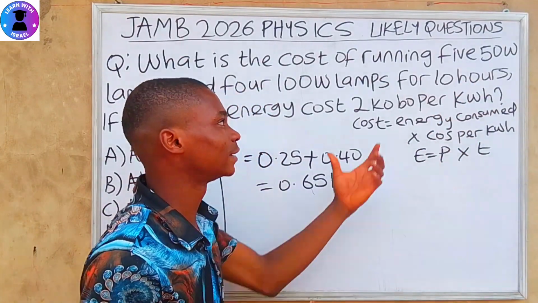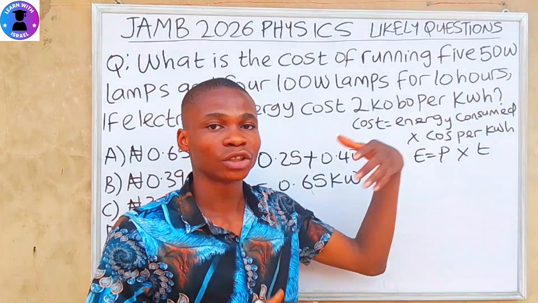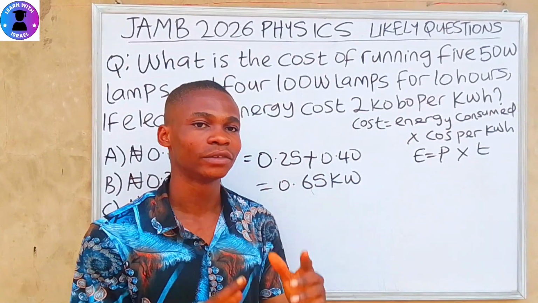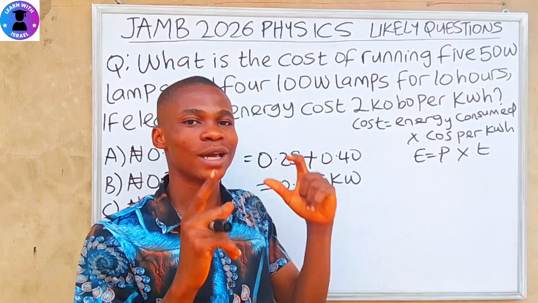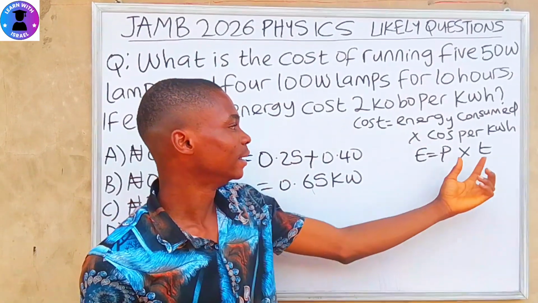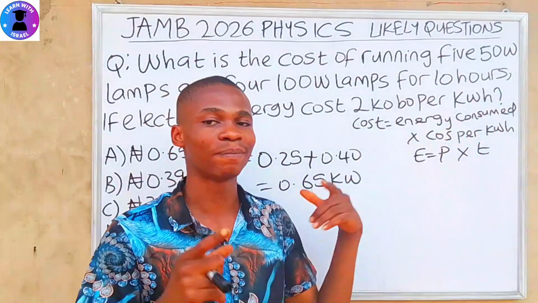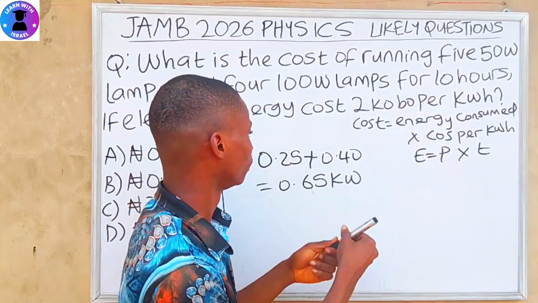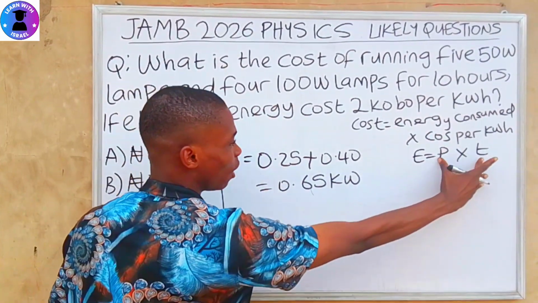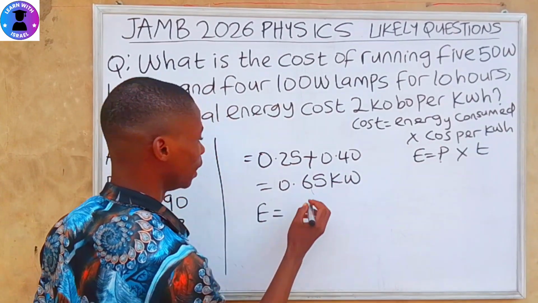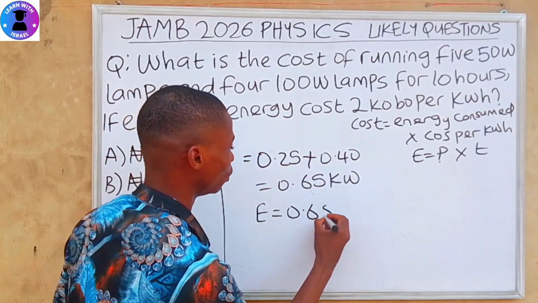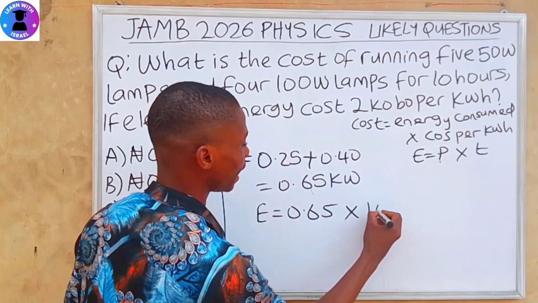Before, we used to convert 10 hours to seconds, but we are not going to convert it. Why? Because we have to calculate it in kilowatt per hour, not per minute or per second. So for our energy, we can now use this formula. Energy equals P, which is 0.65 kilowatt, multiplied by 10 hours.